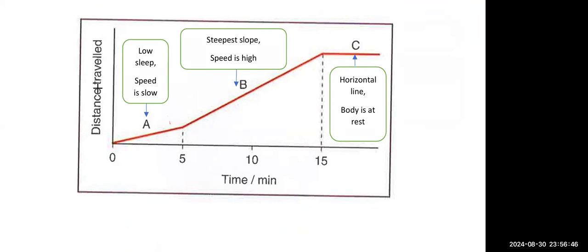If you look at the line from 0 to 5 minutes, the body is moving with low speed. The speed is slow. If you look at that slope, the slope is steepest, so it means the body is moving with high speed as compared to A. But in that case, the line is straight, horizontal, as I have told you.